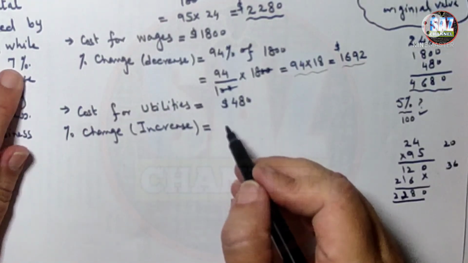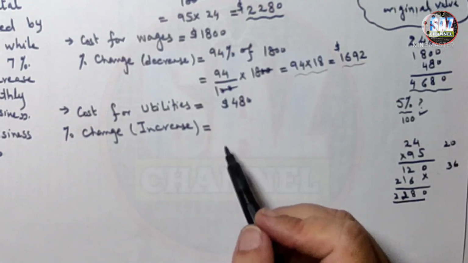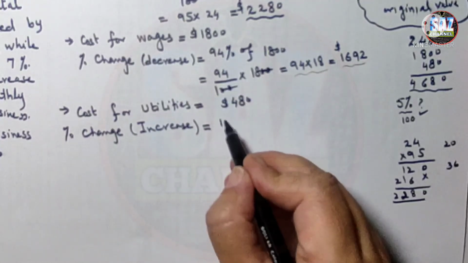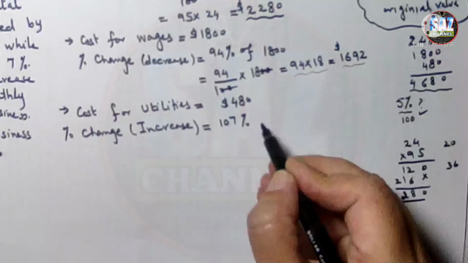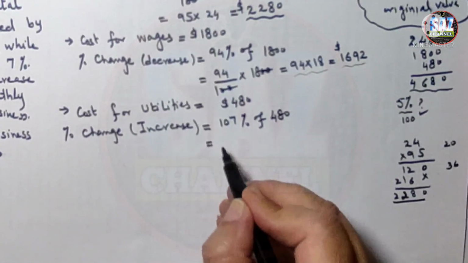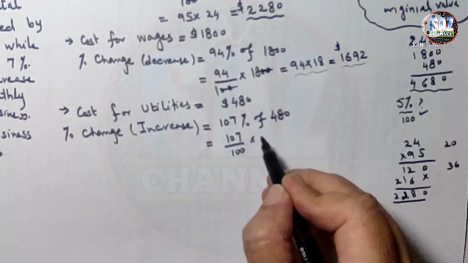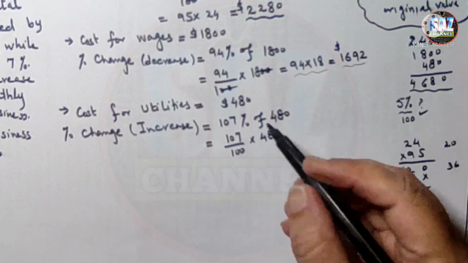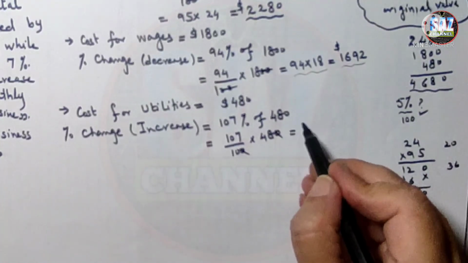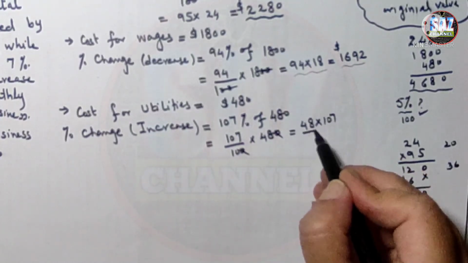Increase by 7% means that if originally you were getting that thing for 100 rupees, now instead of 100 you will be getting it for 107. So 107% of 480 gives me 107 upon 100 multiplied by 480. 0 goes with 0, and I will be left with 48 multiplied by 107 by 10.